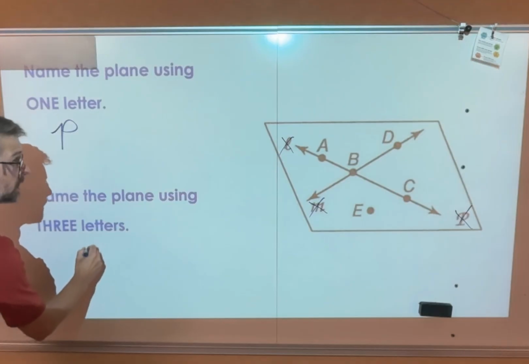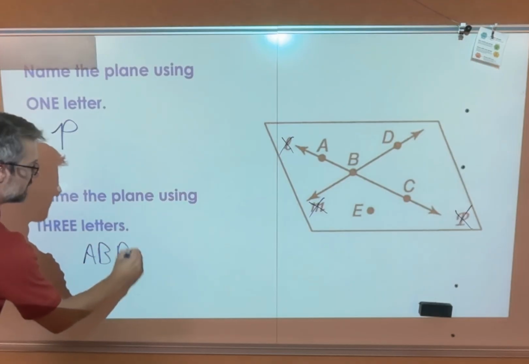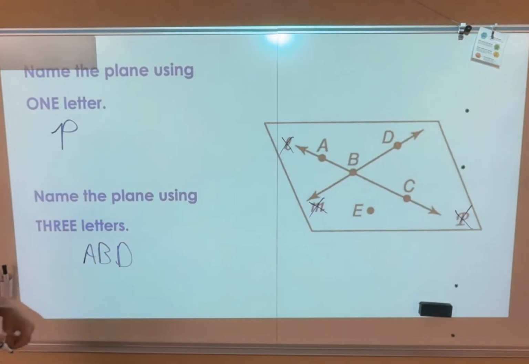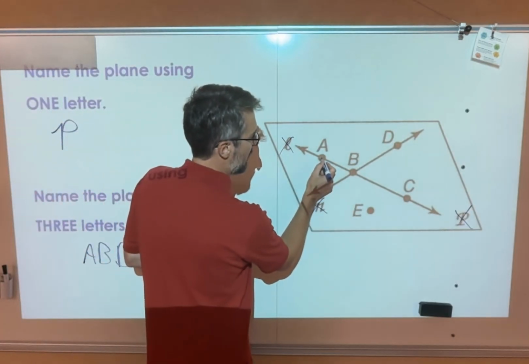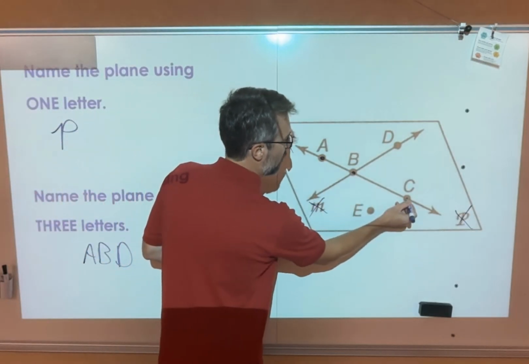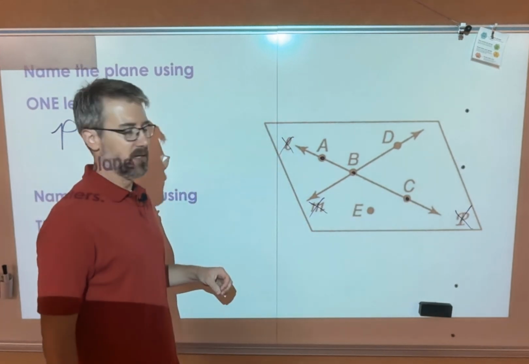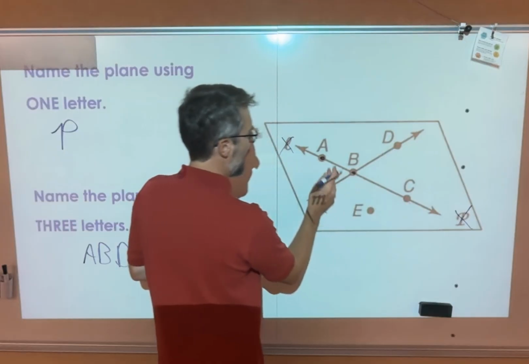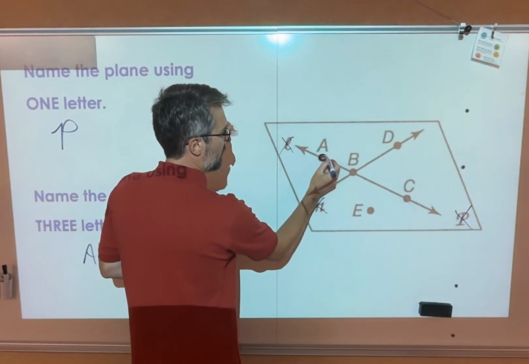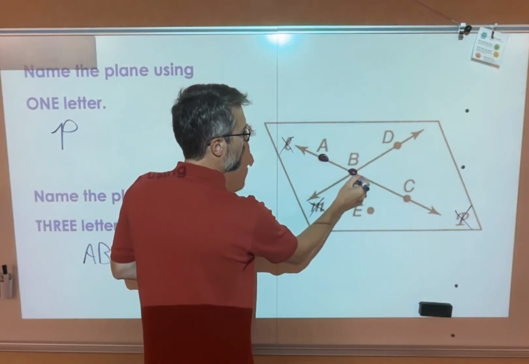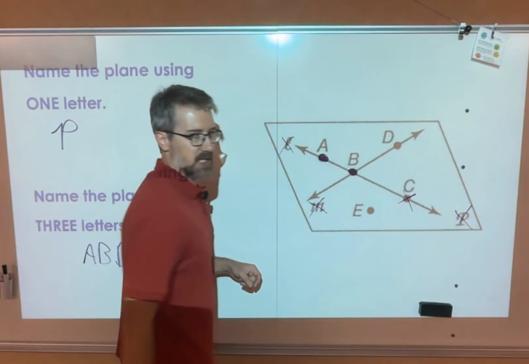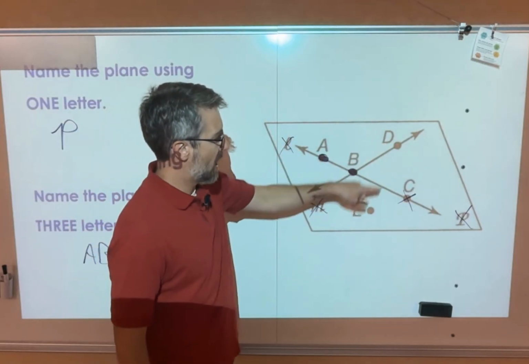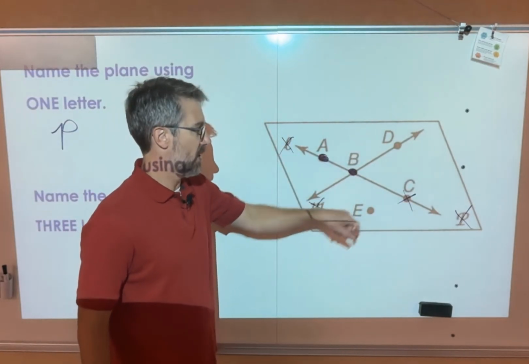If I do A, B, D, for example, that would work. One note on that, you don't want to pick 3 points that are on a straight line. You want to pick 3 points that aren't on a straight line. So if I pick this one and this one, I really don't want to pick this one. I want to pick one that's off to the side one way or the other.